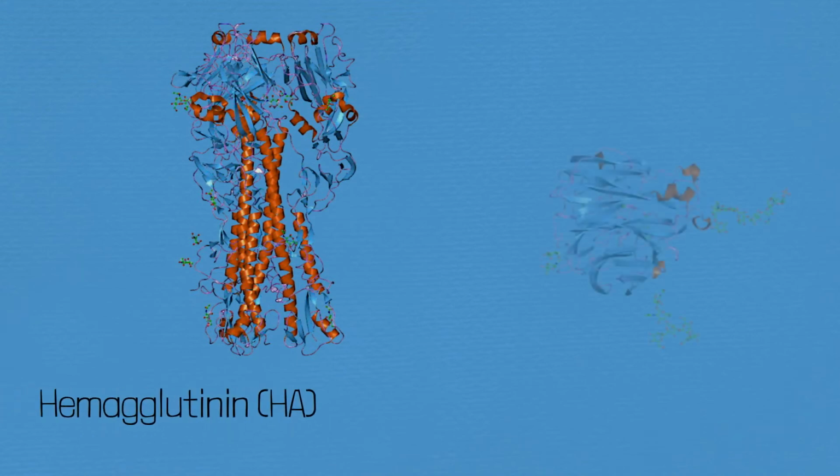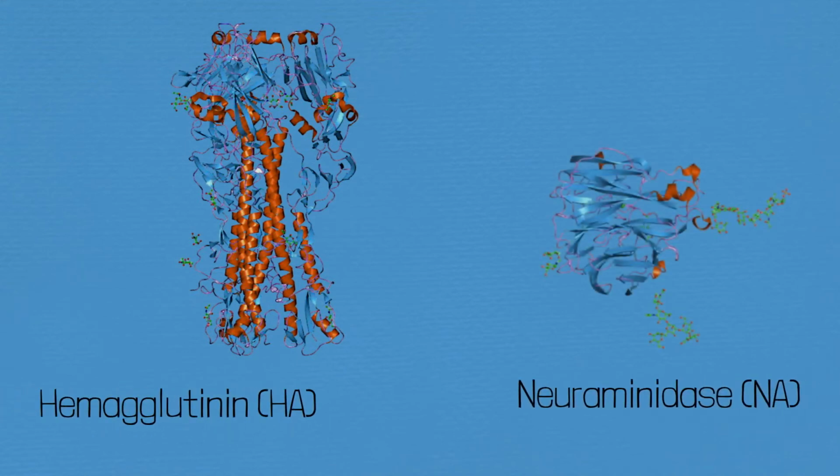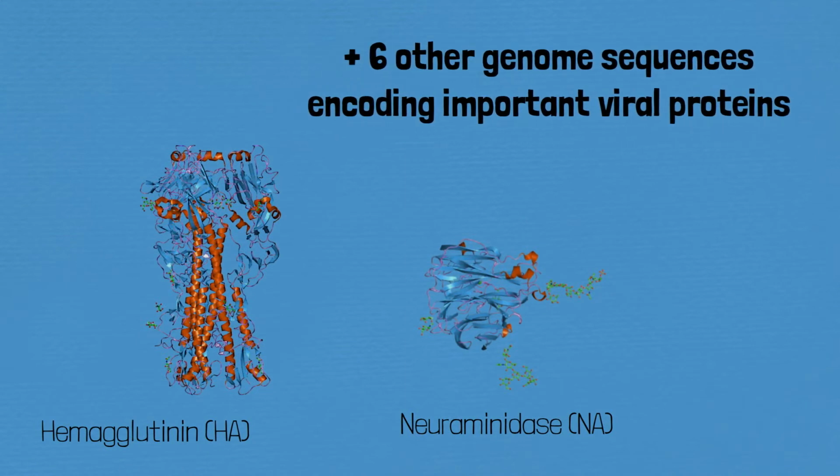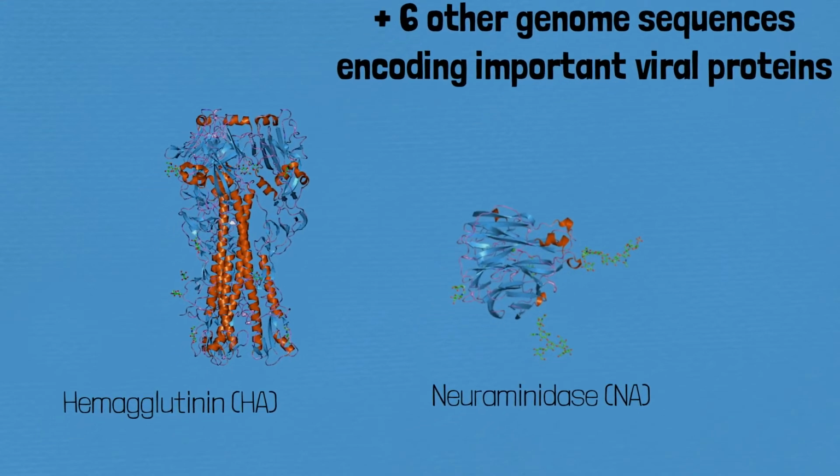Let's explore this further. Influenza is classified by their HA or hemagglutinin and NA or neuraminidase antigenic genotypes. These are important proteins that the virus uses to infect cells. There are also 6 other genome sequences encoding important viral proteins, so 8 in total, including HA and NA.